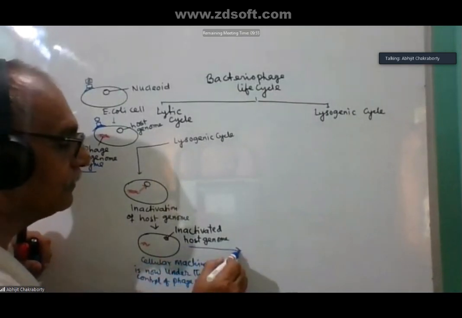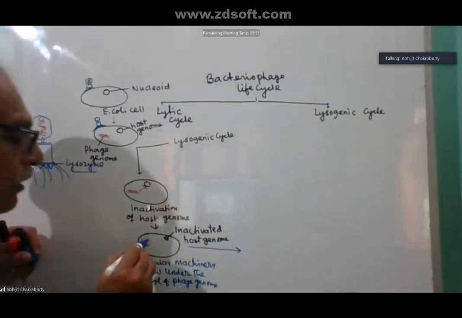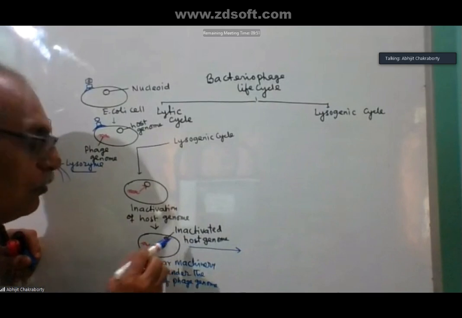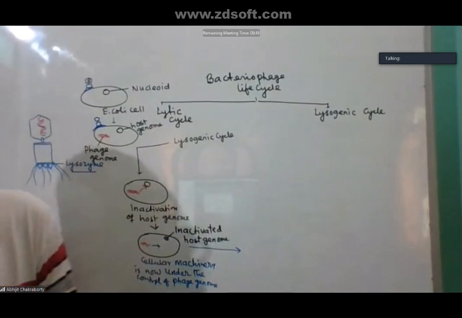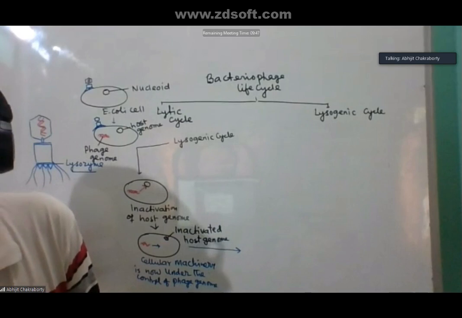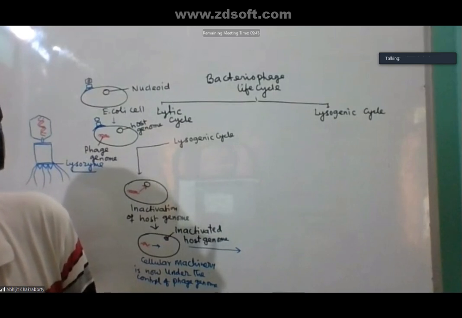What happens next? Then what will happen? It starts producing its own components. Means it starts producing its own components.